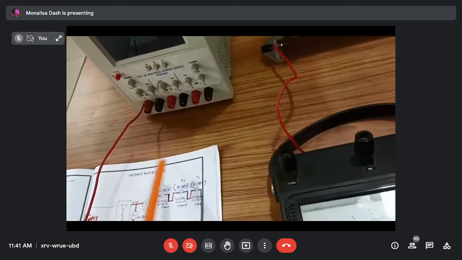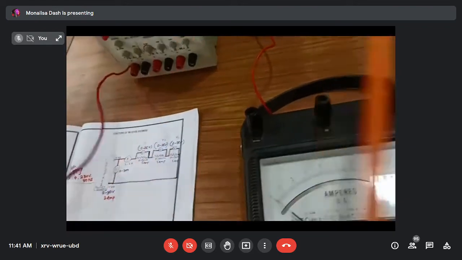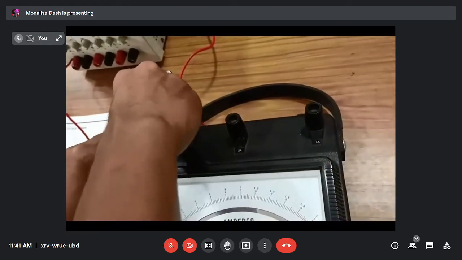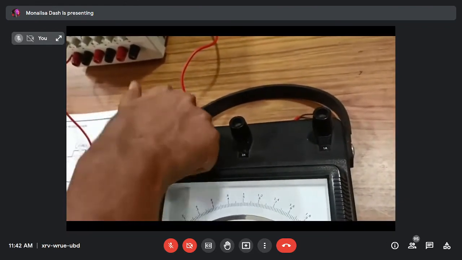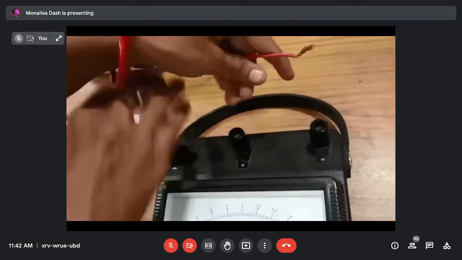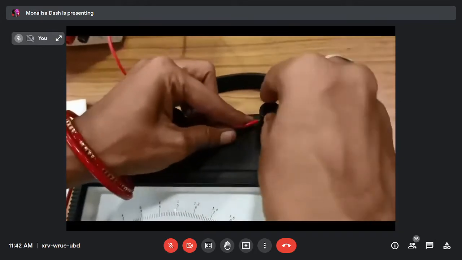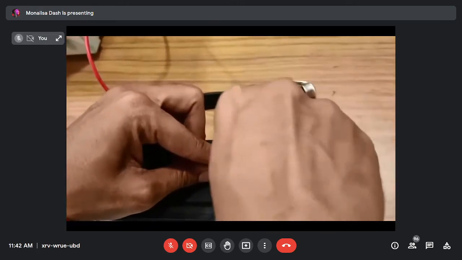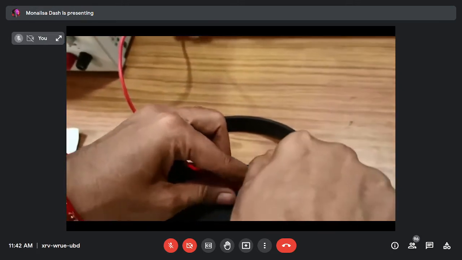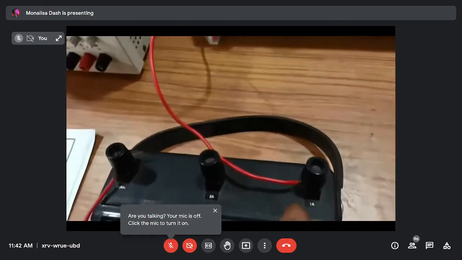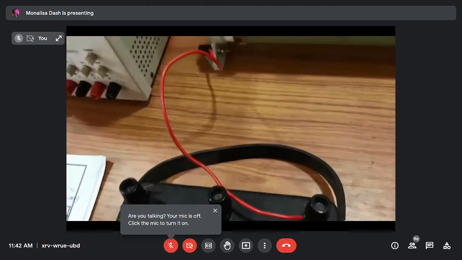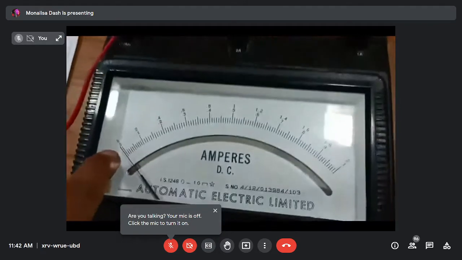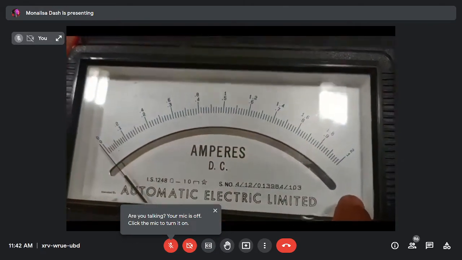From positive to ammeter, common point. First we do series, that's why we take the ammeter 1 ampere. This is also 2 ampere, but we will take 1 ampere, that's why we take the lower scale reading.